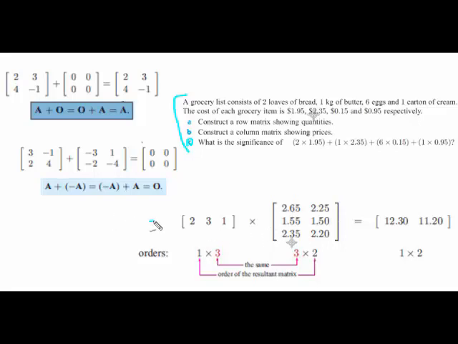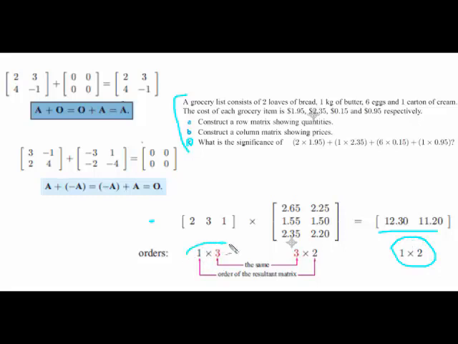We can see a very simple example here. Matrix multiplication happens when 2 matrices are multiplied together, unlike multiplication by a scalar, which is a real number times a matrix. When we have matrix multiplication, we have a matrix answer. The matrix answer has a certain order. In this case, it's a 1 by 2.